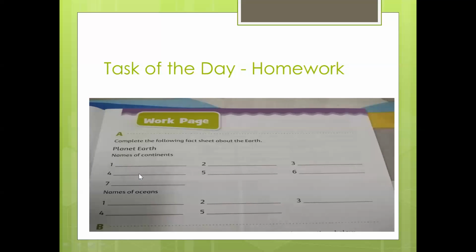You would write here the names of the continents with their exact spelling, okay? And remember to capitalize the first letter of each continent, okay? And while you are writing the names of the oceans, the initial letter would be capitalized, and the initial letter of ocean would also be capitalized with each name. Fine?